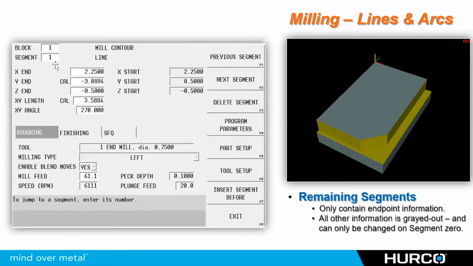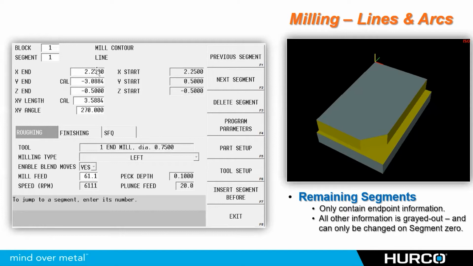One other thing to note is that when we're in a segment 1, 2, 3, or wherever with an endpoint, over here on the left in these fields, we're explaining where we're going to. And here in these grayed out boxes that we can't change is where we came from. So over here to the right always tells you where you were in the previous segment, and on the left is the end or where you're headed.